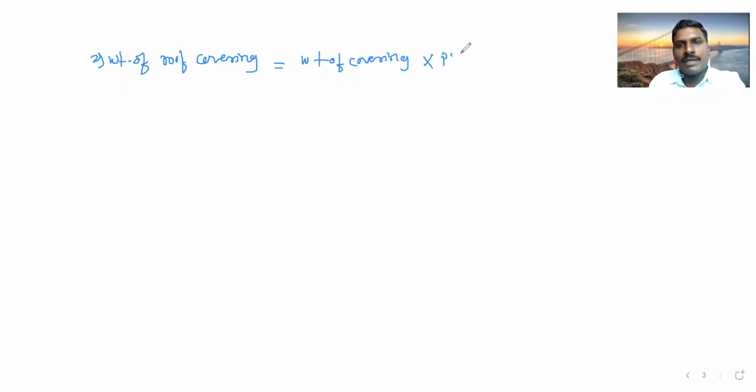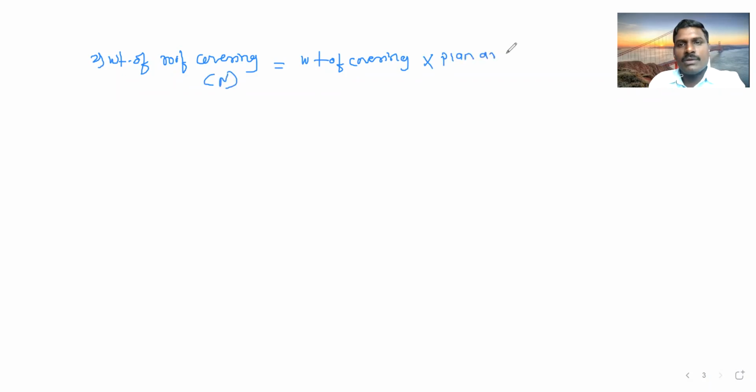Now number two, weight of roof covering. So weight of roof covering is equal to, again, weight of covering into, again, plan area. This is in again Newton.